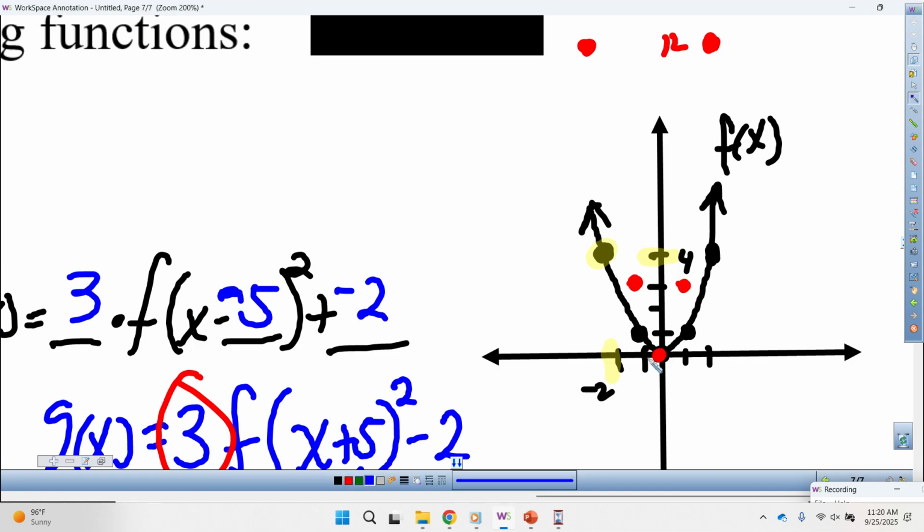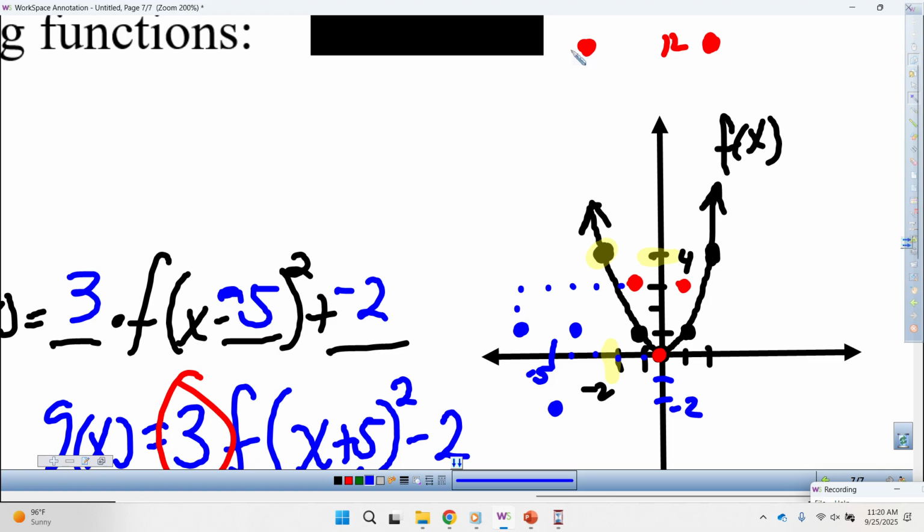Watch. I'm going to move my vertex 1, 2, 3, 4, 5. So I'm at negative 5. 2 down. 1, 2. So my new vertex should be somewhere here. Same thing with these. 1, 2, 3, 4, 5, 2 down. There and there.